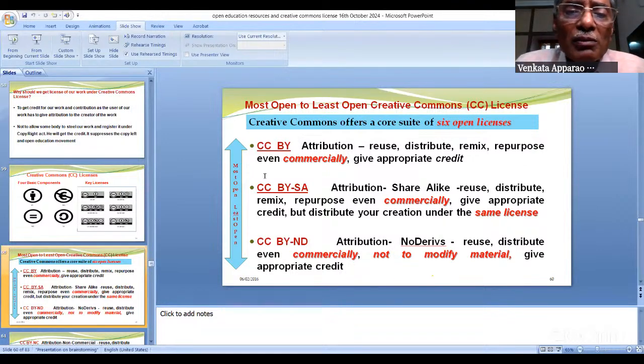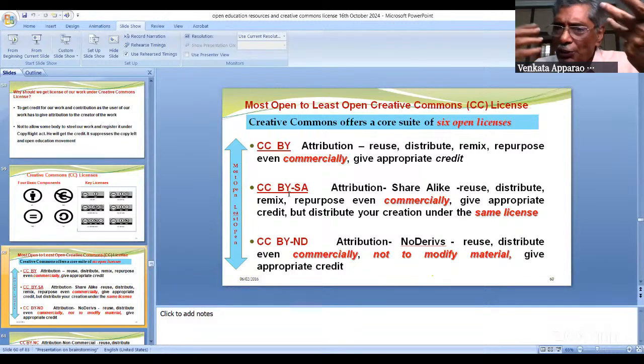The second one, CC BY-SA. It will be written under the article like this: CC BY-SA. Here also, you have to give attribution. Here also, you can use it commercially or non-commercially for any purpose.